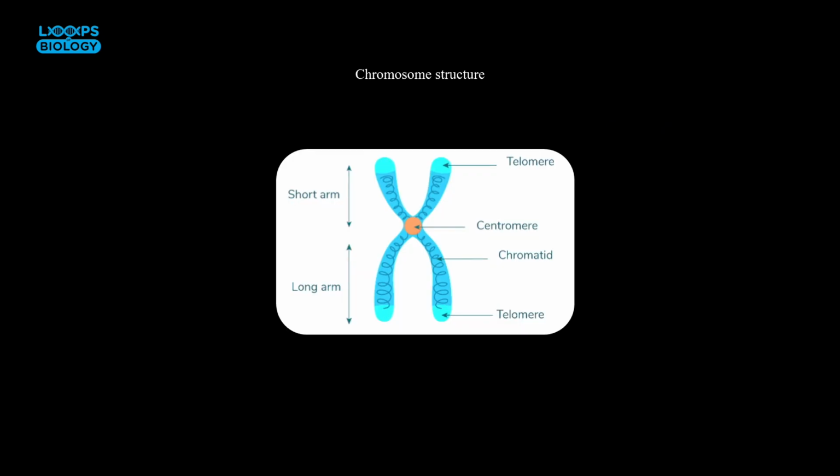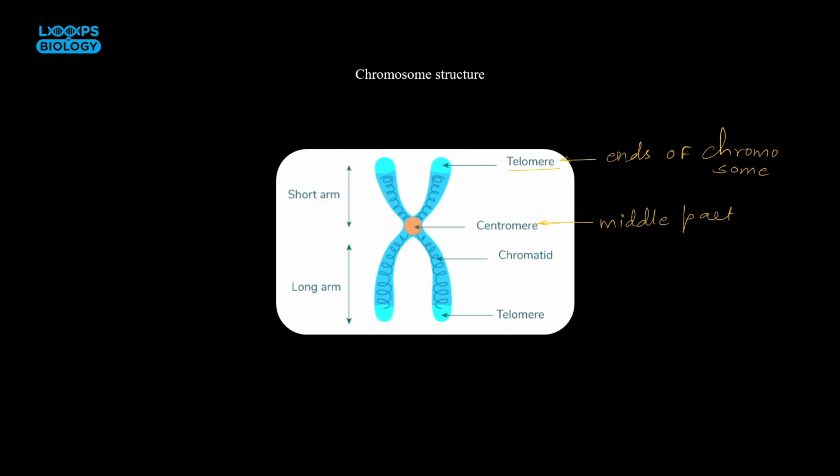Now after the condensation and coiling, what is the structure going to look like? So the head of the chromosome is called telomere. These are nothing but the ends of the chromosome. Now the middle part is called centromere. This is your middle part of the chromosome.